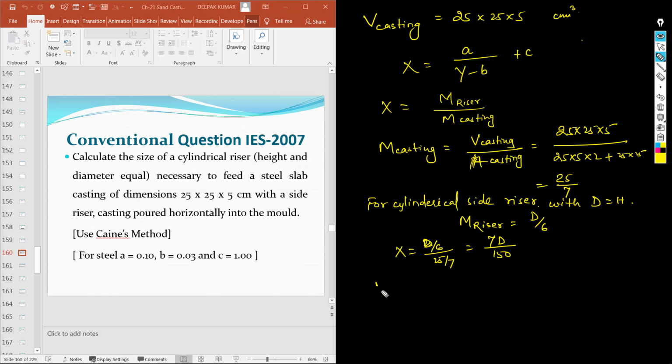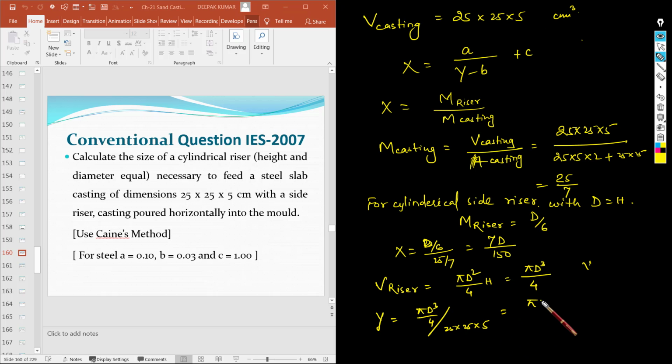So volume of riser will be how much? Pi d square by 4 into h. H is equal to d, so pi d cube by 4. So y can be written as volume of riser, that is pi d cube divided by 4, divided by volume of casting, that is 25, 25 and 5.